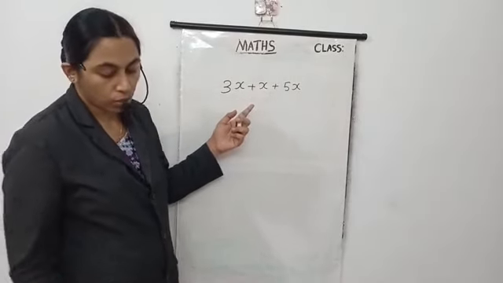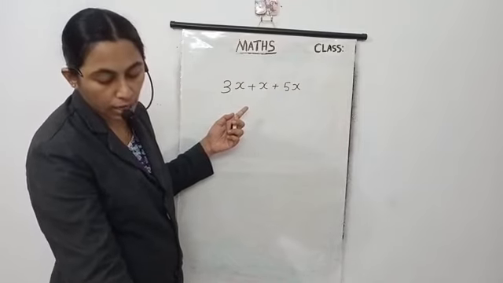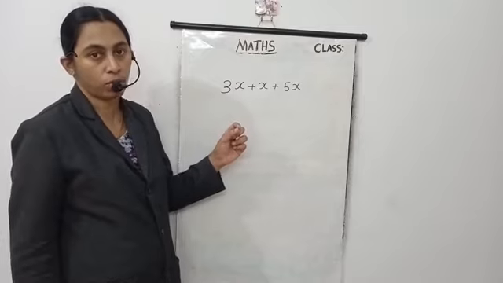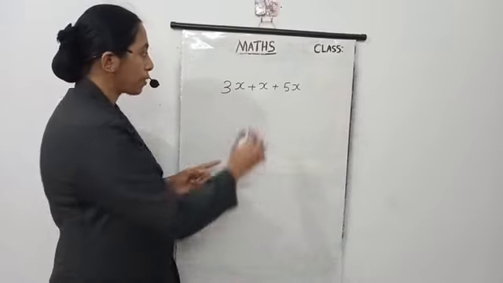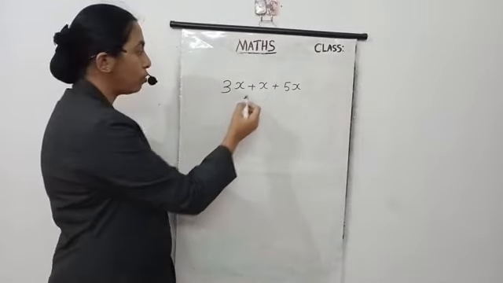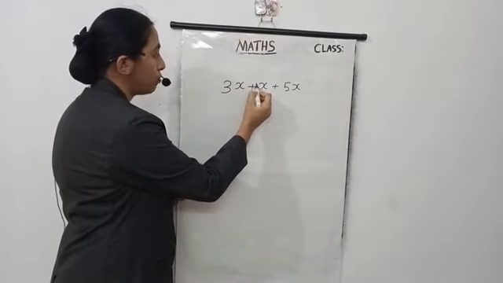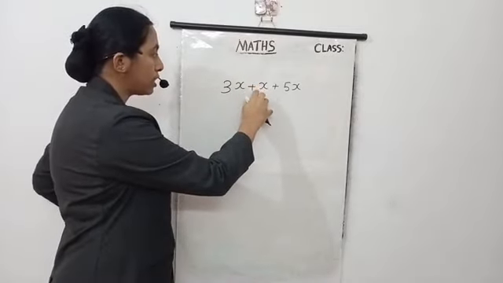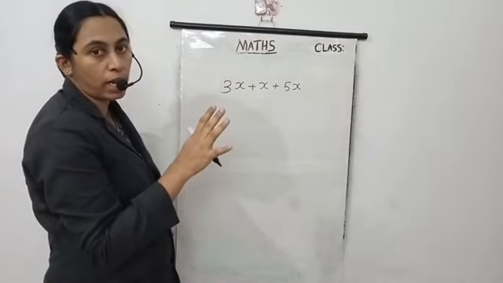But we note that it says the coefficient 1 of a term is usually not shown. That is, if we write this expression, we do not write the coefficient 1 here, isn't it? Always just write the variable only.